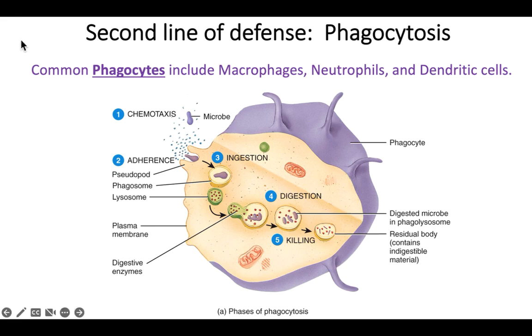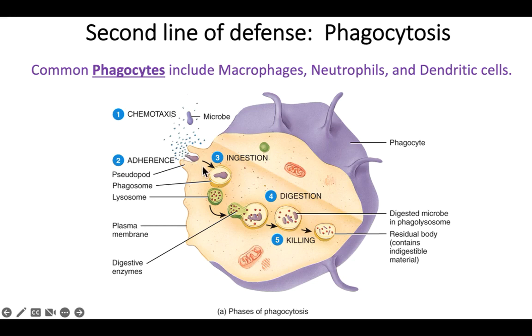Speaking of phagocytosis, these are some common phagocytes in the human body. Macrophages, neutrophils we've heard of. There's another type of phagocyte called dendritic cells. Basically, these are cells that have the ability to take up a microbe, so there's the microbe. They can identify it. Remember that opsonization, so this microbe might be tagged with either complement proteins or antibodies can also do this tagging.